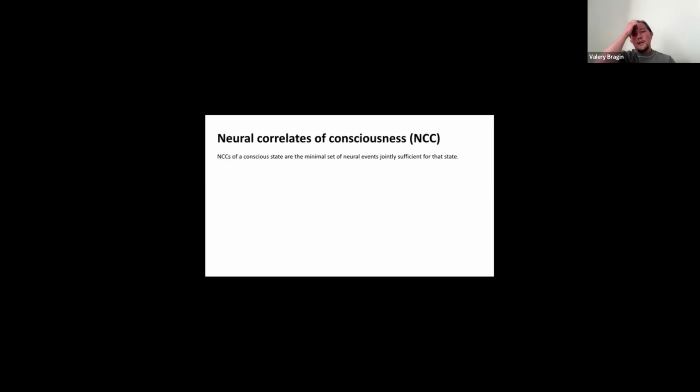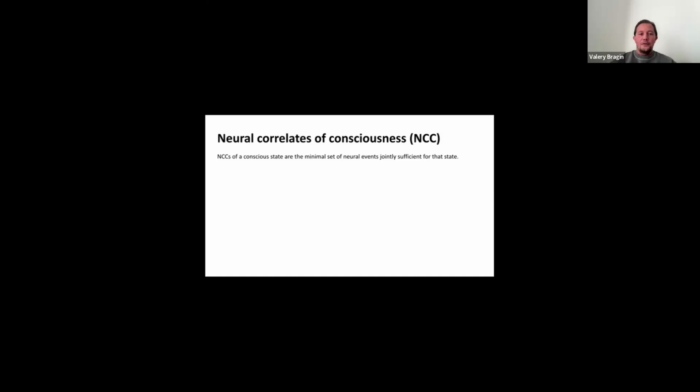Now, even with all those caveats, we don't say that we are studying consciousness per se directly. What we can model are so-called neural correlates of consciousness, NCC. Formally, the NCC of a conscious state is the minimal set of neural events that together are sufficient for that state.